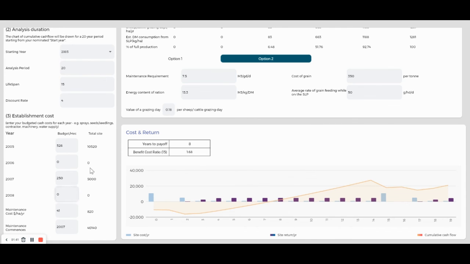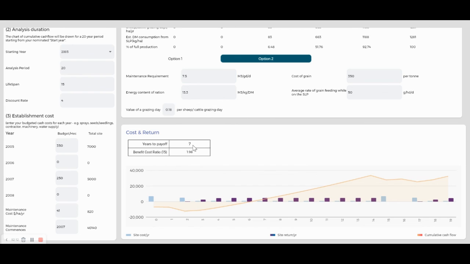But in this example, we're just going to look at adjusting the establishment cost without changing the productivity. If we thought that we could save $150 per hectare, so instead of establishment costing a little over $500 per hectare, it was done at $350 per hectare, we can type that reduced cost in and have a look at the results.